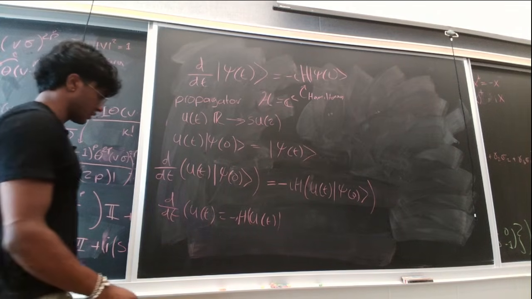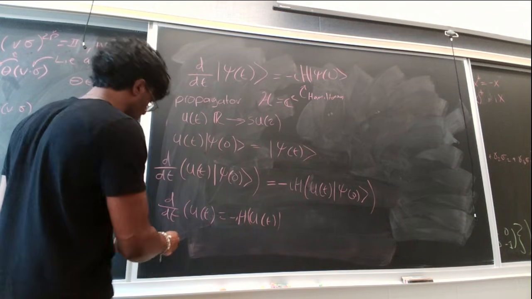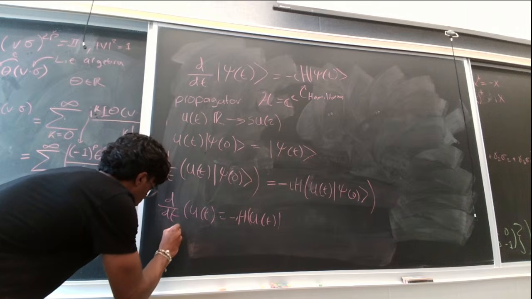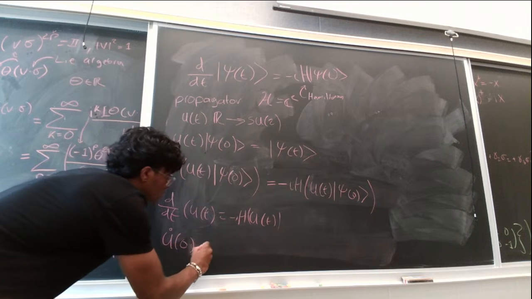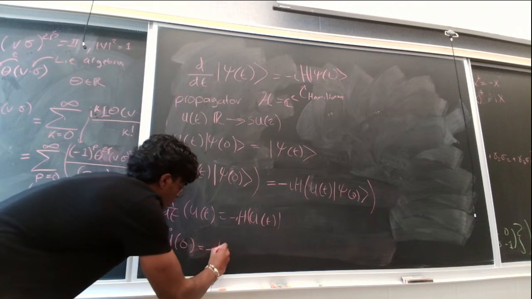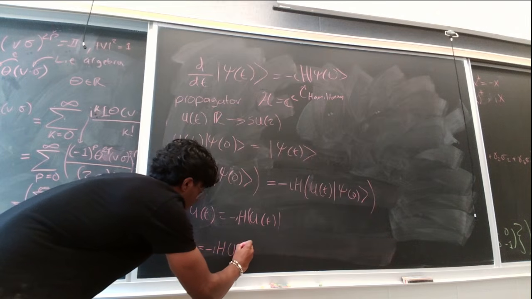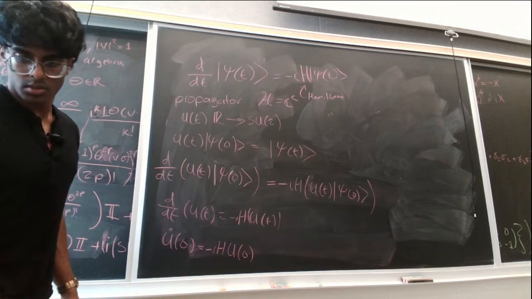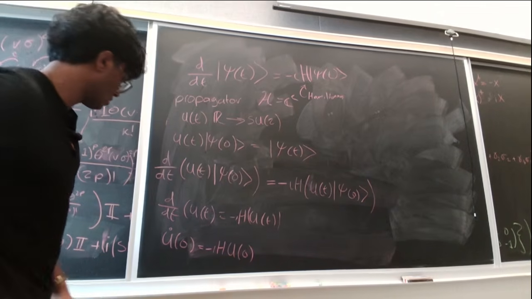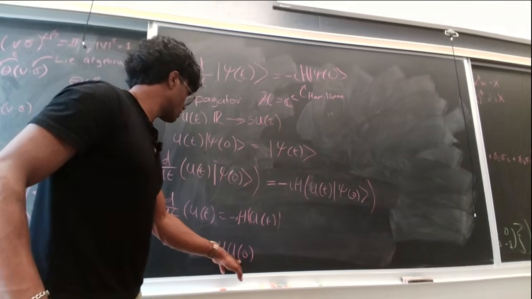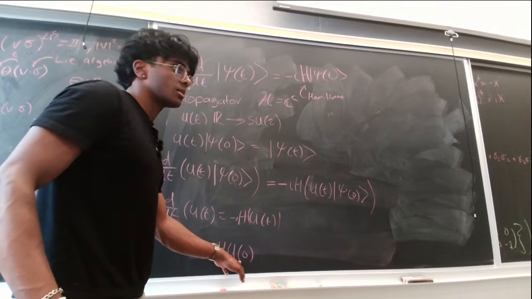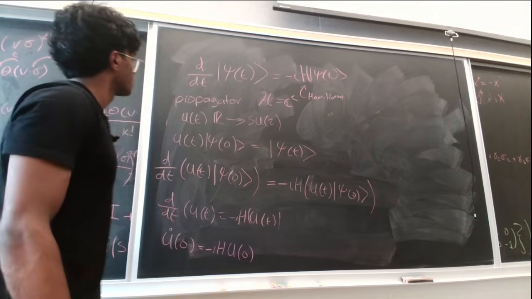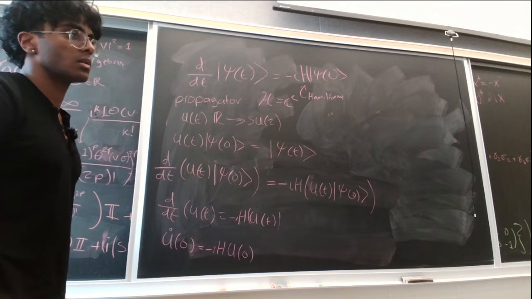So if we look at time equals 0, then we get that this is the identity, because at t equals 0 you have to get psi of 0.